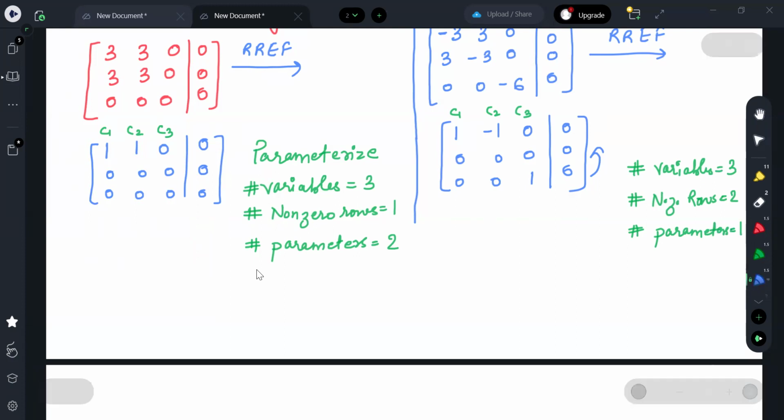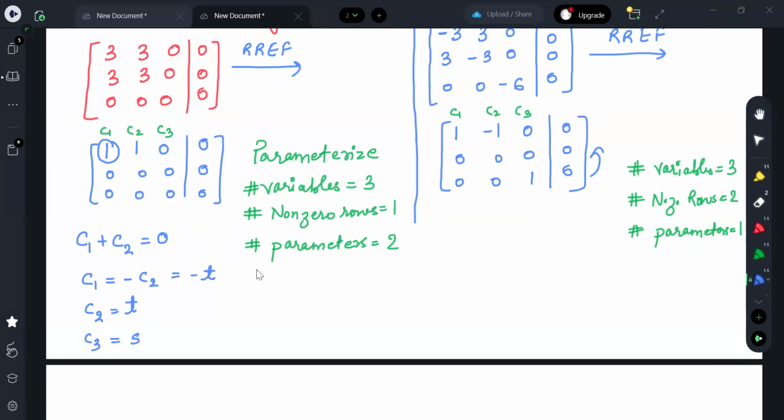When I rewrite the system, as you can see, the first column has a pivot and the other two columns do not. So C1 plus C2 equals 0. C1 equals -C2, and clearly C2 and C3 are free variables. C1 equals -t. Right?